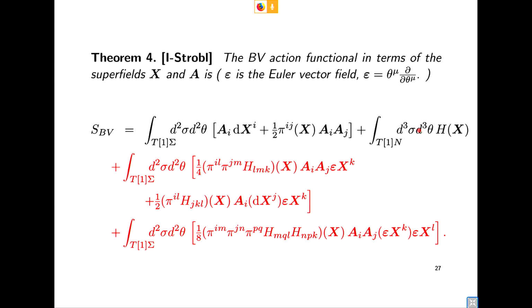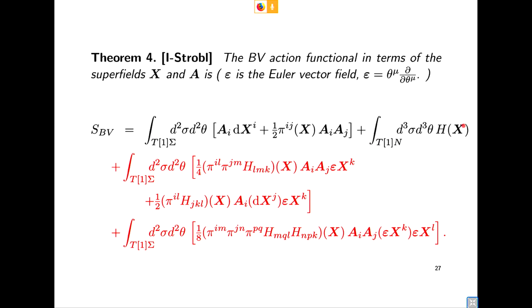Because this is kind of extra data here, that the manifold sigma bounds a manifold N. In the general theory, we only consider the simplest case. We consider only the integration on sigma, not N.